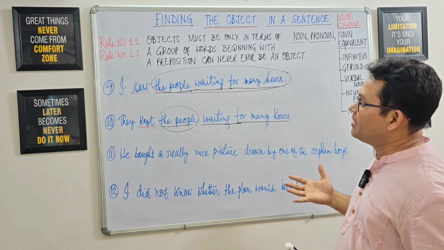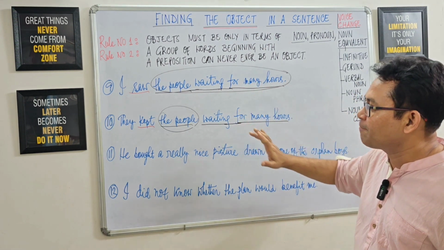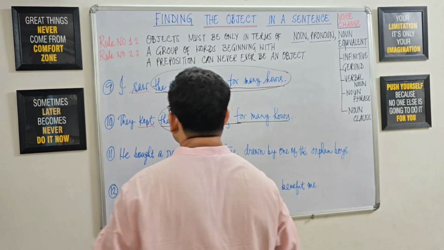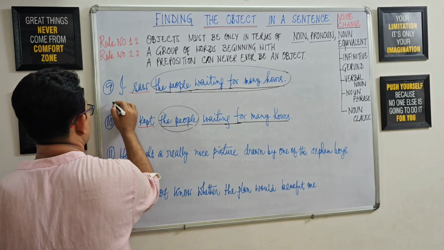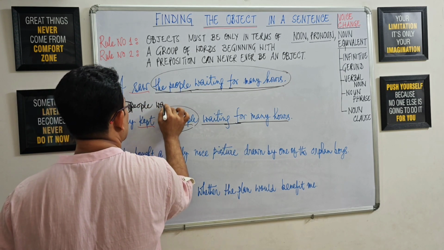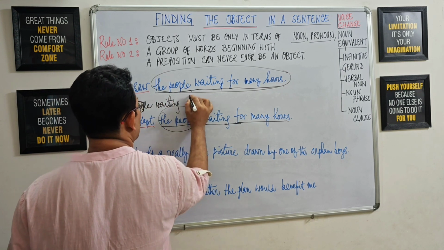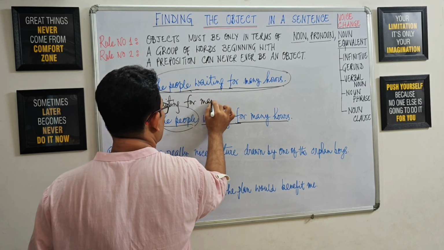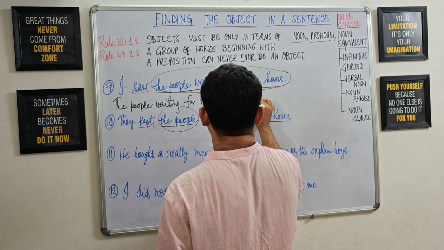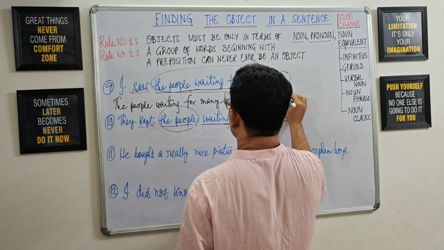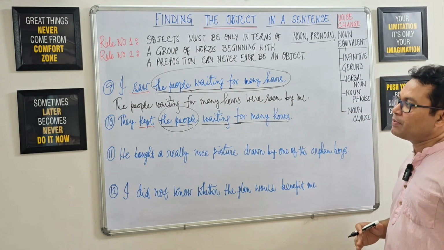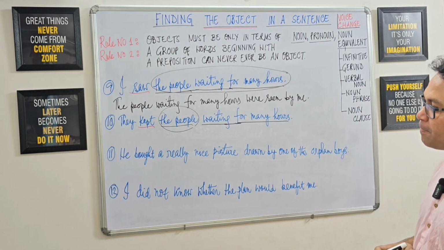And once we have found out the object, changing the voice from active to passive is rather easy. So bring the object first. Okay, so passive is: the people waiting for many hours were seen by me.